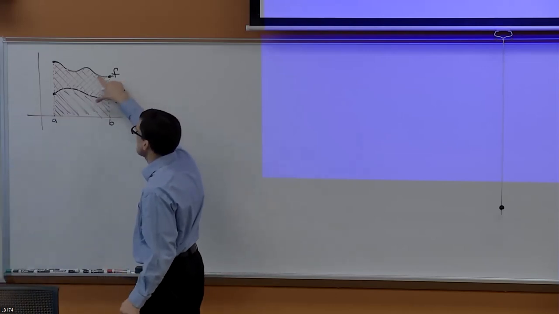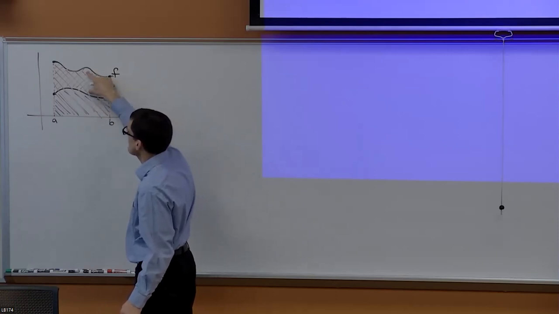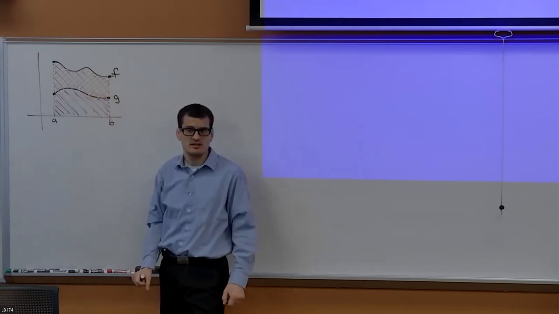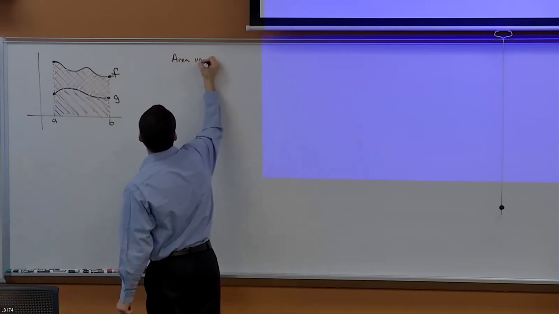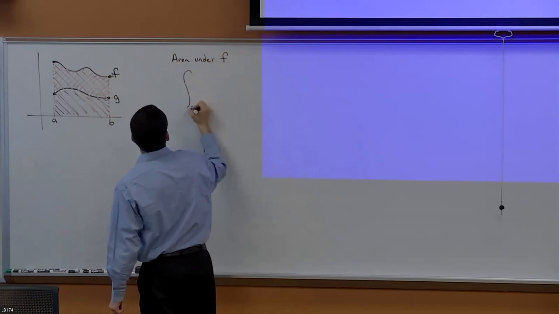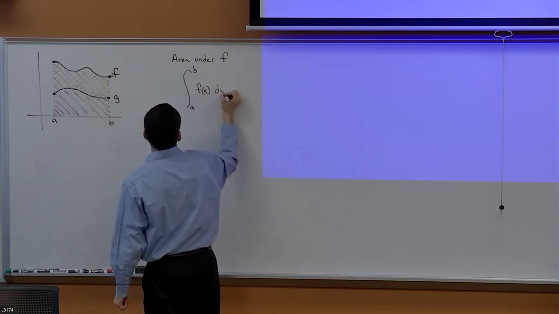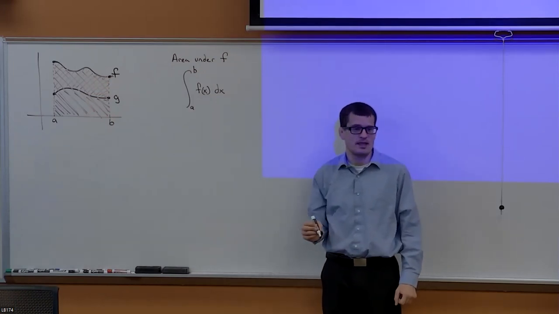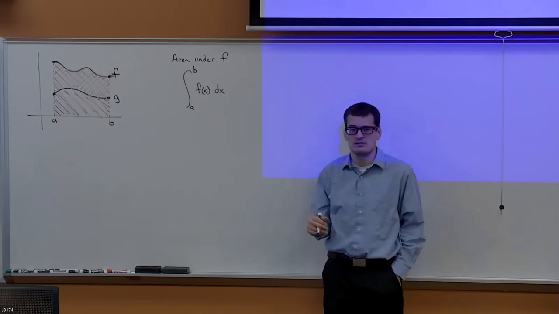Now, if you look at the area underneath F, that's this area plus this area. Okay, so the area under F can be found by integrating the function f of x with respect to x from A to B, as long as f is a nice function, one that can be integrated.